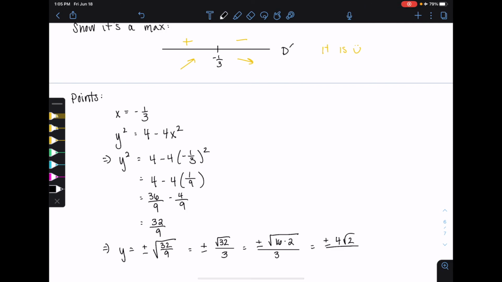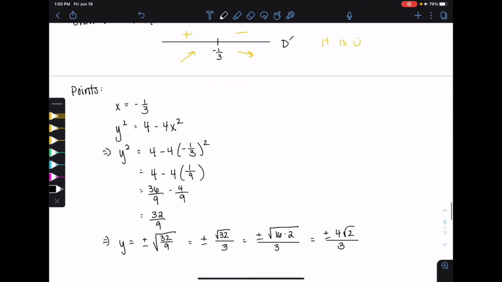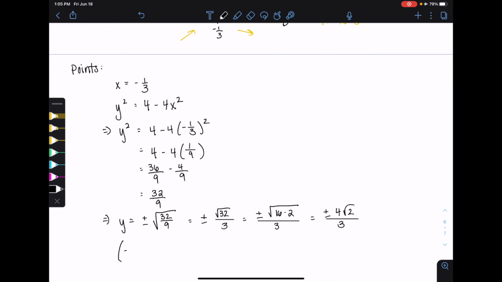So you get 4 root 2 over 3. So the points would be (negative 1/3, positive 4 root 2 over 3) and (negative 1/3, negative 4 root 2 over 3). So we knew at the very beginning that we'd have two different points because of the symmetry, one in the top, one in the bottom. So that might help you if you forget to put this plus or minus when you take a square root.